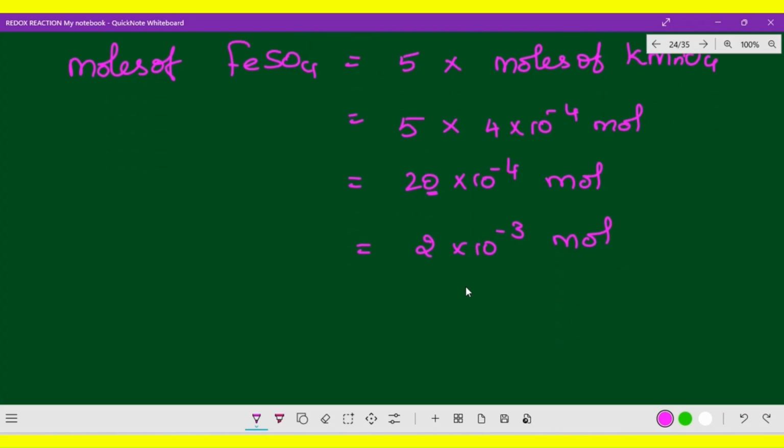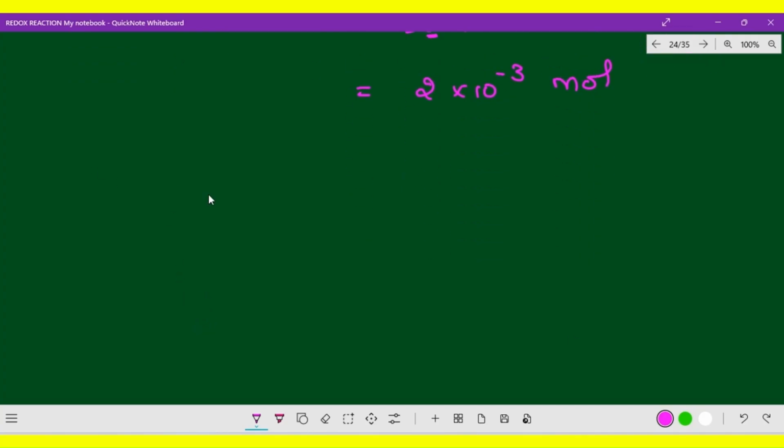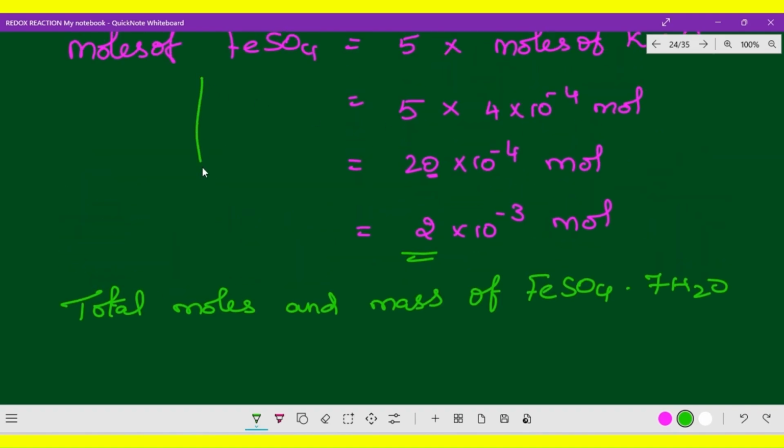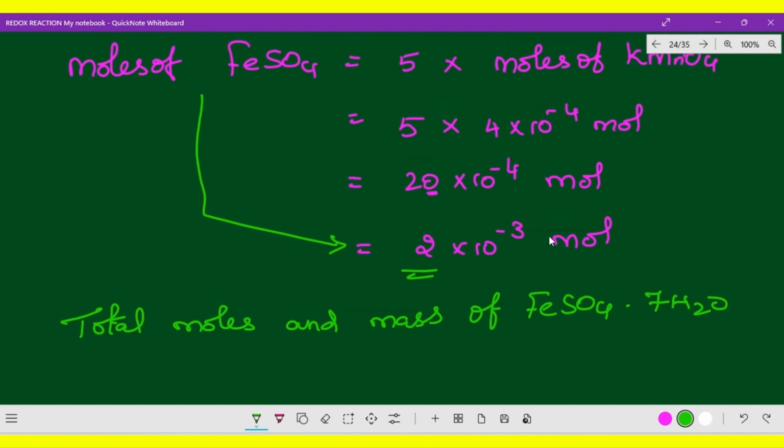Now total moles and mass of FeSO4.7H2O we have to identify, right? So total moles, how much do they mention here? 2 into 10 to the power of minus 3 mole.